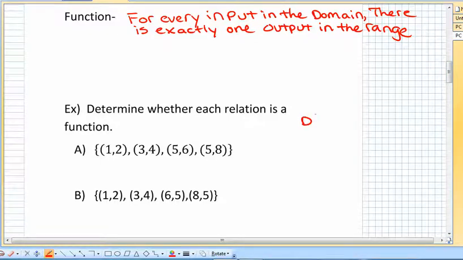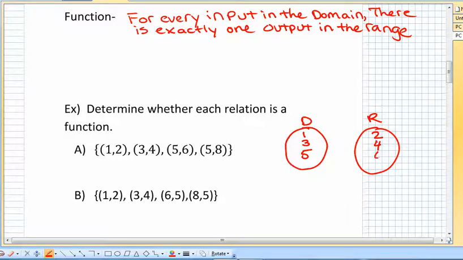So if I want to say, okay, this is the domain, you have 1, 3, 5. That's the domain for part A. For the range, it's 2, 4, 6, and 8. And if you notice, 1 goes to 2, 3 goes to 4, 5 goes to 6, and 5 goes to 8.